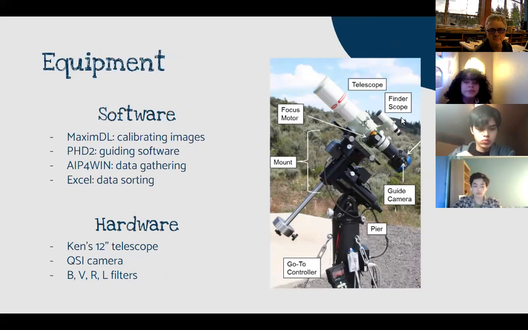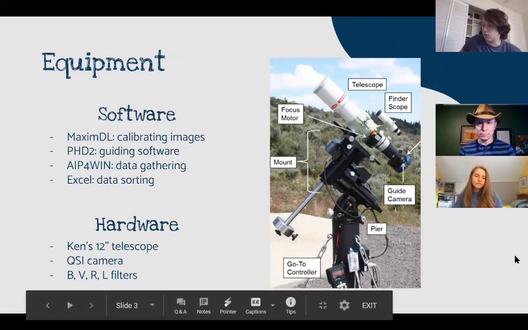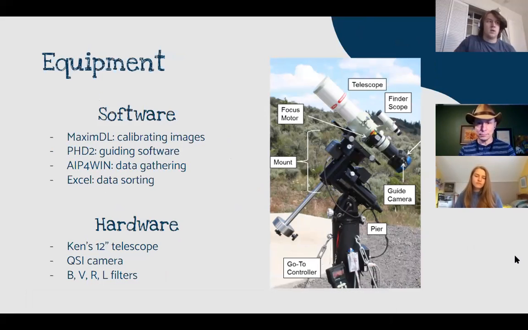Okay, so this is a little overview of the equipment that we used. As Savannah mentioned a little bit earlier, everything we did was virtual. Everyone was at home, and Ken, our mentor, has his own observatory, with a bunch of programs, software and hardware that can track stars and take really good pictures of the night sky.